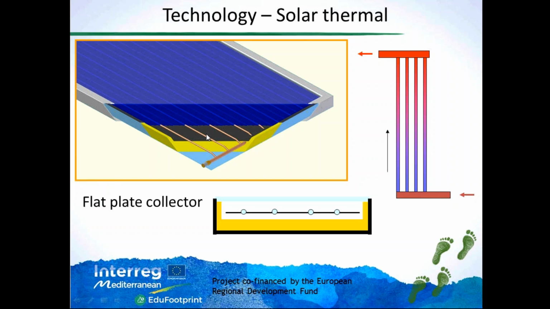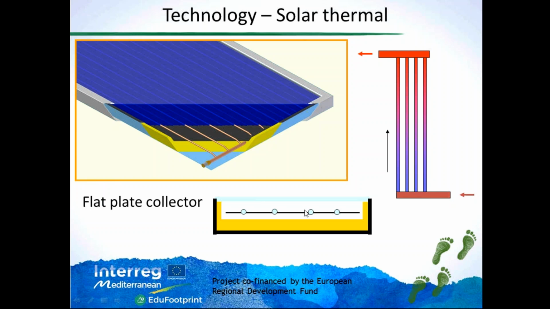Then you have, for instance, copper tubes with a metal plate covering. Then you have this insulation, this yellow insulation on the back and on the sides of the collector. And so the goal of all this structure is to transform the sun radiation into heat, and so to heat some fluid which is flowing here in the tubes of the collectors.